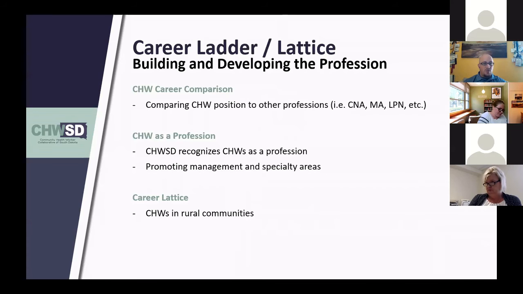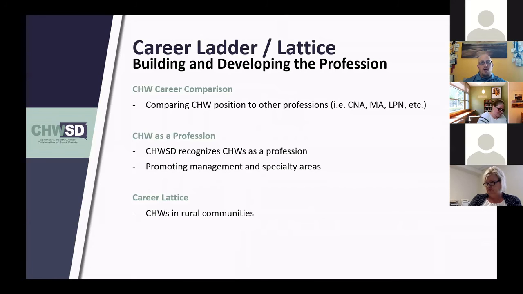And then we also want to look into promoting community health workers into management. So as community health workers start to build up and build programming in South Dakota, we really want the individual who maybe started out as the single community health worker within an organization to then be able to step up and manage a community health worker program that may have 2, 3, 4 or more community health workers within their organization.